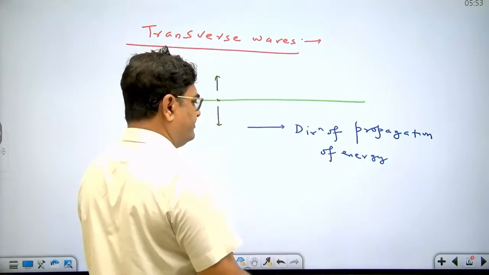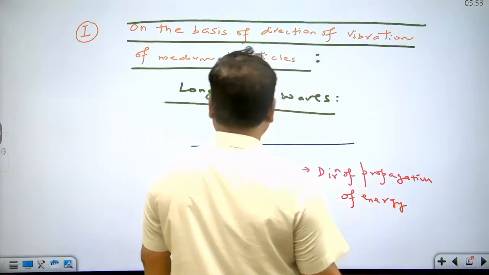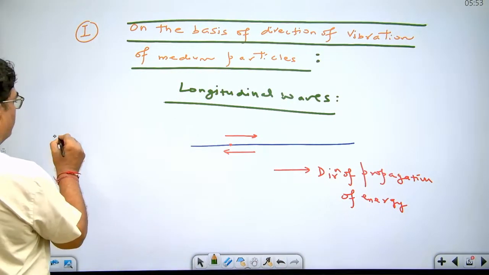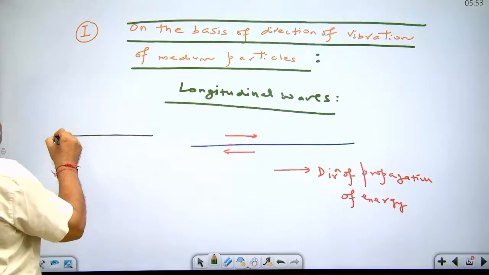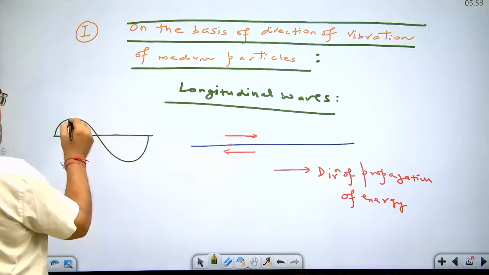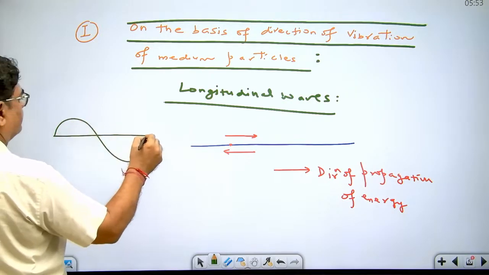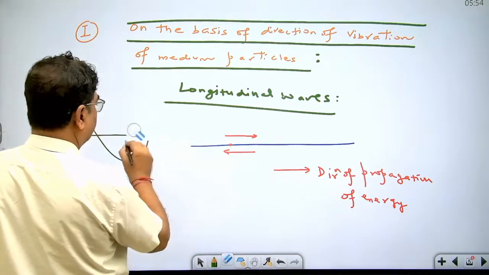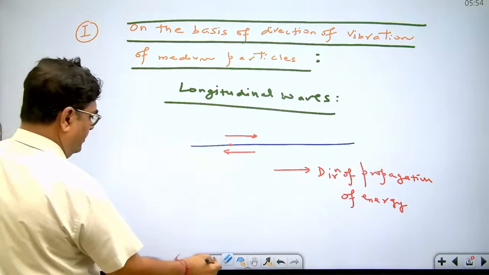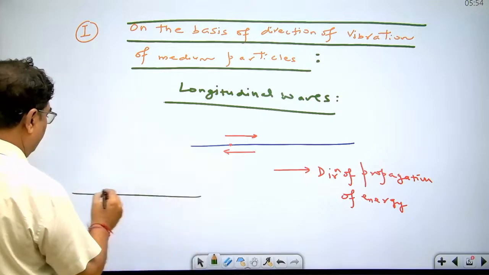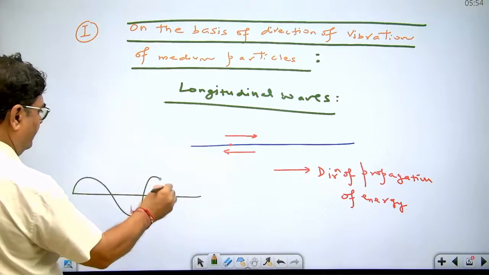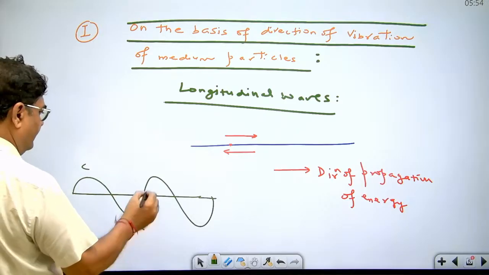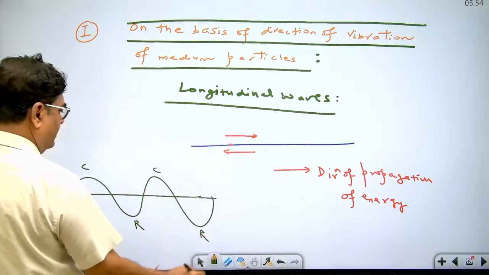Dear student, whether it is a case of compression or rarefaction, in the wave motion, if we describe the graph like this, suppose this is compression, compression, rarefaction.